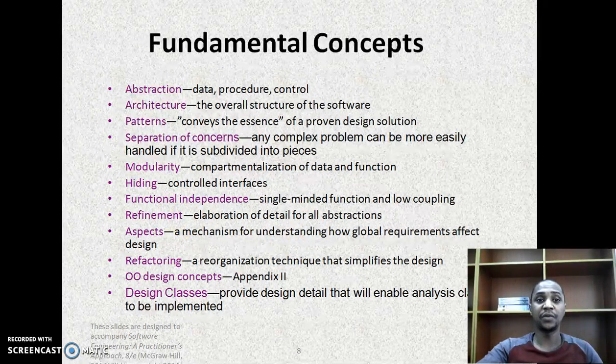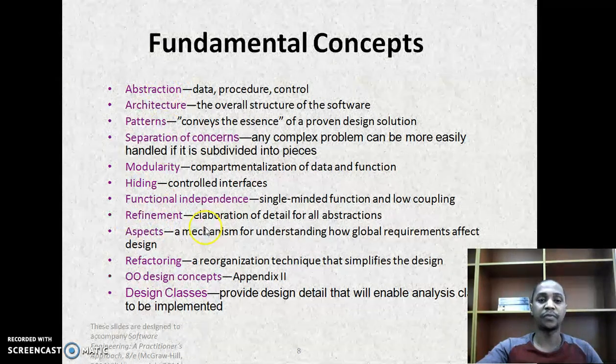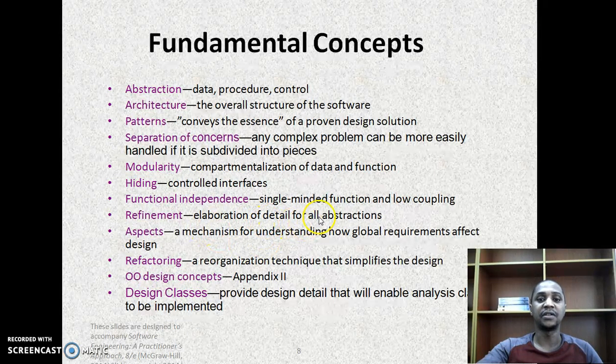So in this case, when information is hidden or is not explicitly described in the abstractions, refinement is a kind of elaboration of those details that are not explained well in the abstractions. Then we have aspects, a mechanism for understanding how global requirements affect design. And we have refactoring, which is a reorganization technique that simplifies the design.